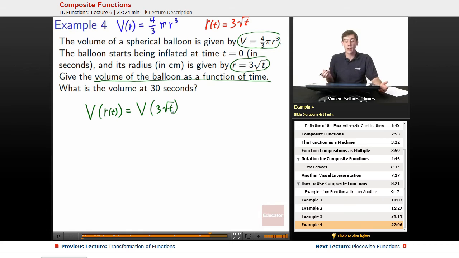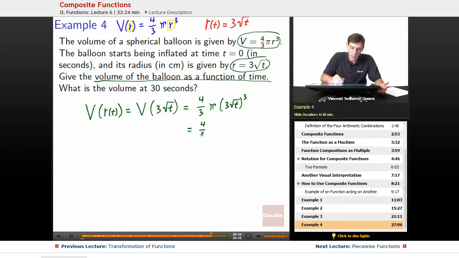Oh, hey, now we're just plugging in the radius at any given time, and that's going to be volume of 3 root t. So if we plugged in our box for r, that gives us box cubed times the other stuff. So it's going to be 4/3 pi times quantity 3 root t cubed. We simplify this out a bit.